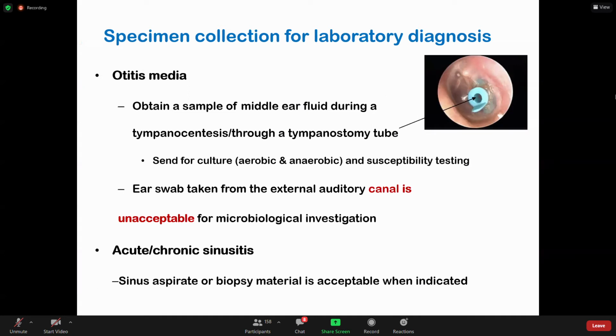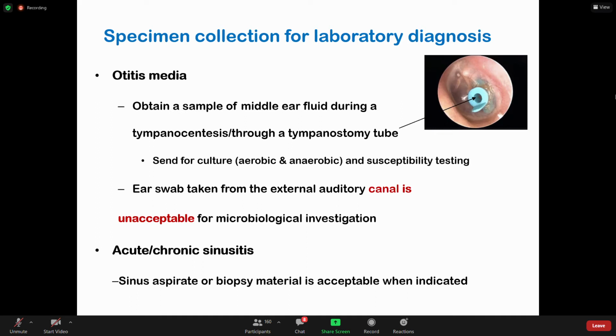How do you investigate a patient with these conditions? With otitis media, since the infective process is going on in the middle ear, you should obtain a sample of middle ear fluid during a tympanocentesis, so the ENT doctor should be able to collect the sample and send to the lab. Or you can obtain this middle ear fluid by inserting a tympanostomy tube and collecting the sample.